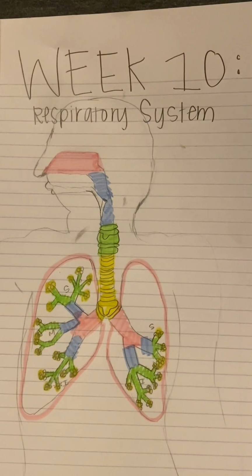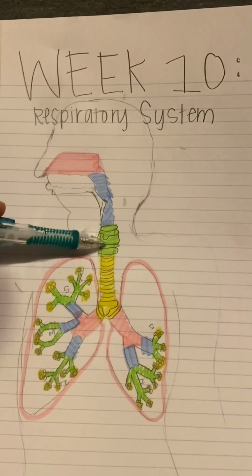Then we have the vocal cords, which are muscles that produce sound, and a bunch of cartilages that help to support the larynx. There are 3 different ones. We have the epiglottis, which is the uppermost cartilage. I kind of indicated that right here.